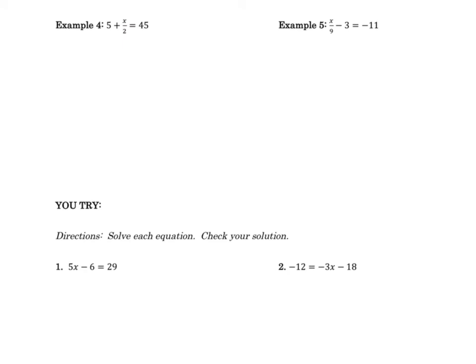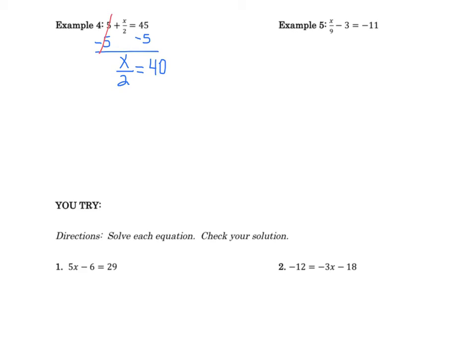Therefore, we want to undo that positive 5. And to undo that positive 5, we're going to subtract 5 from both sides. Your 5's are going to cancel. You're going to bring down x divided by 2 equals 45 minus 5 gives us 40. And now we have a one-step equation. x divided by 2 equals 40.